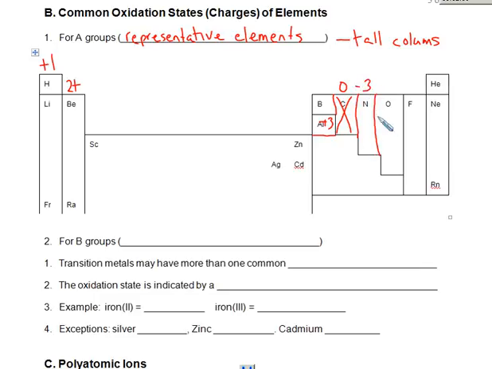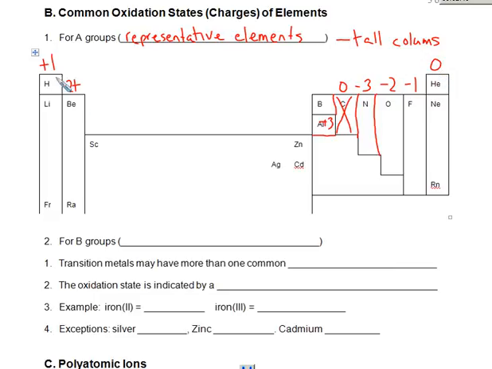We're going down to the staircase. The oxygen family takes on a -2 charge, and the fluoride family takes on a -1 charge. Now here we're at the noble gases again. These do not gain or lose an electron, so we have an oxidation state of 0.